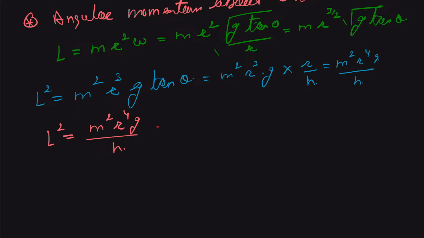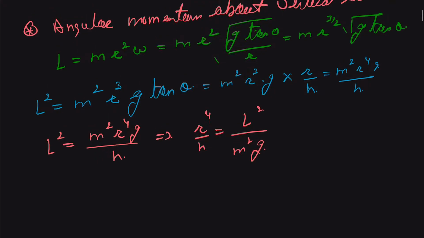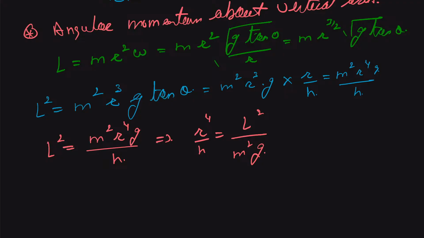Therefore we can write that r to the 4 upon h will be equal to L square upon m square times g, and all the terms on our right side are constant, therefore we can write that r raised to power 4 times h is equal to constant.